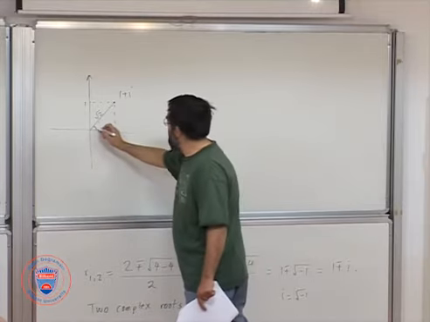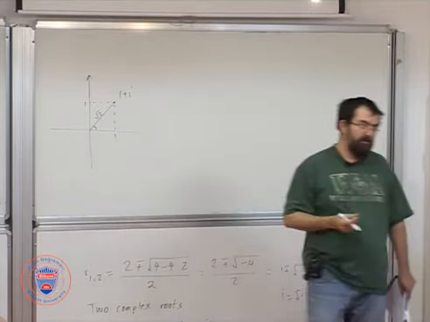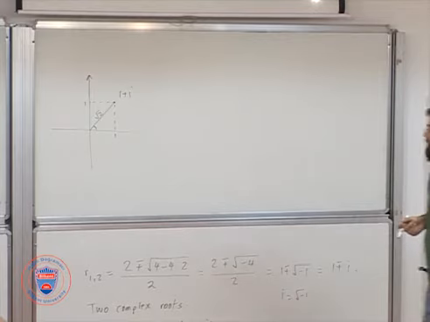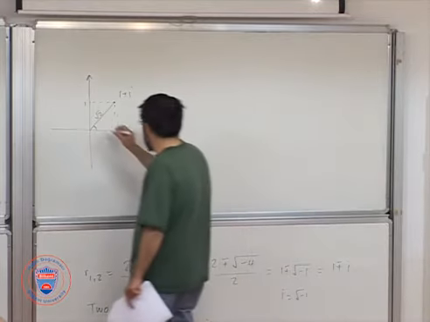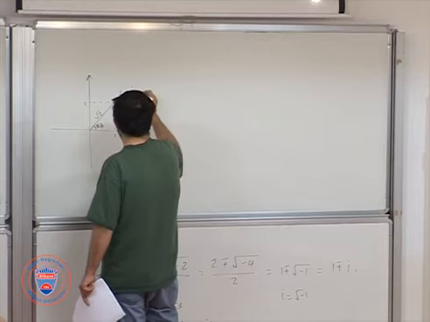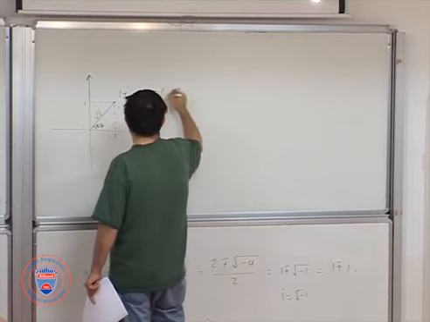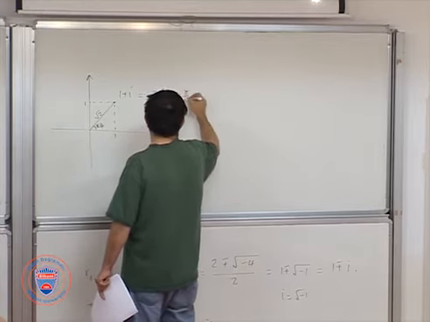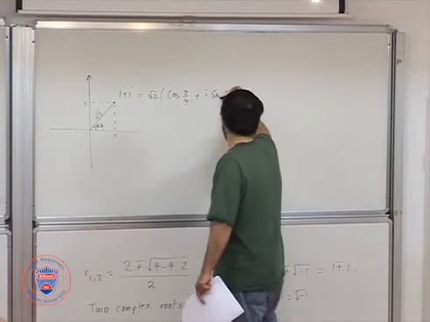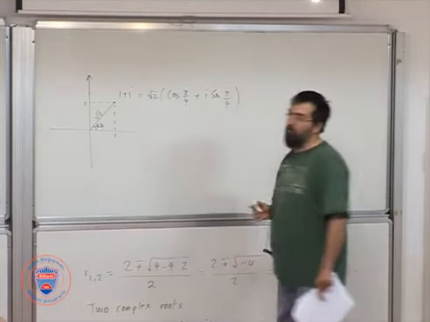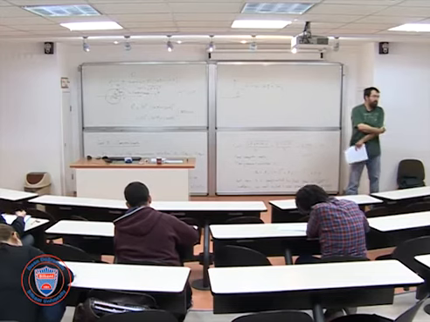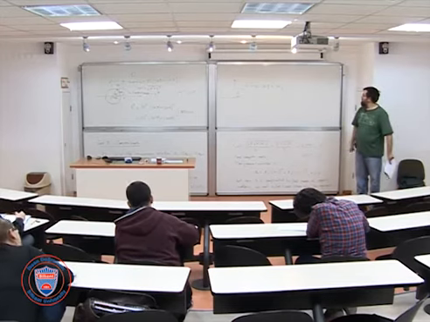And the angle will be 45 degrees, and in radians, it is pi over 4. So 1 plus i is square root of 2 times cosine pi over 4 plus i sine pi over 4.